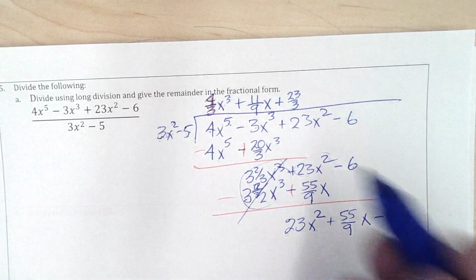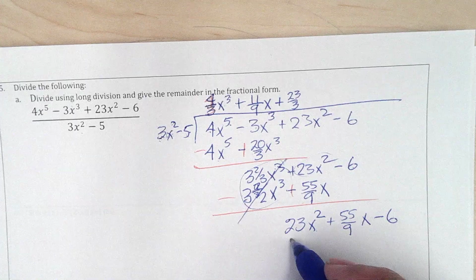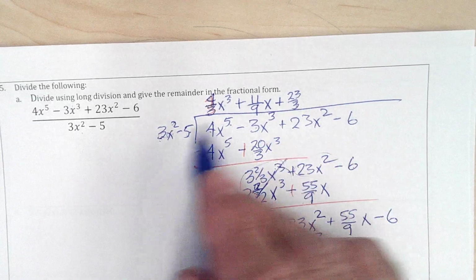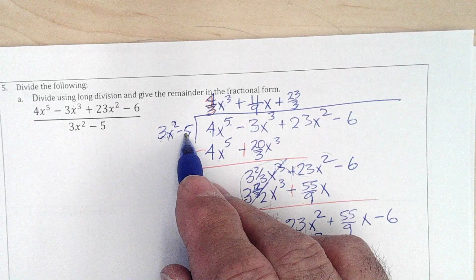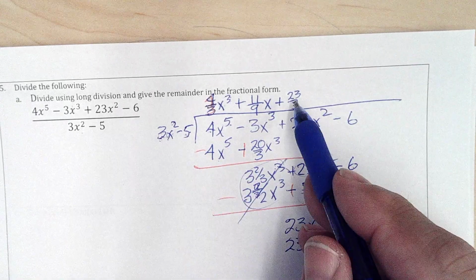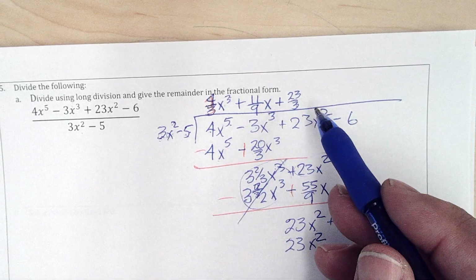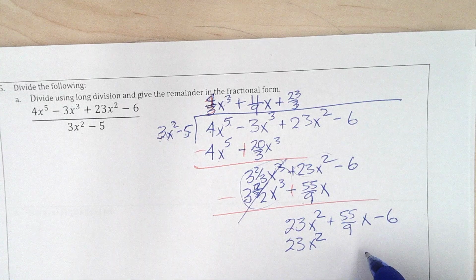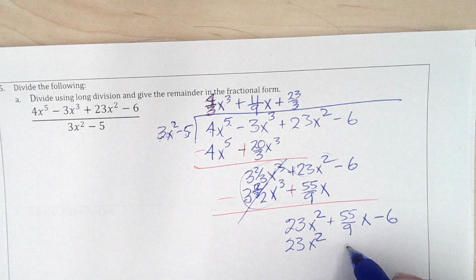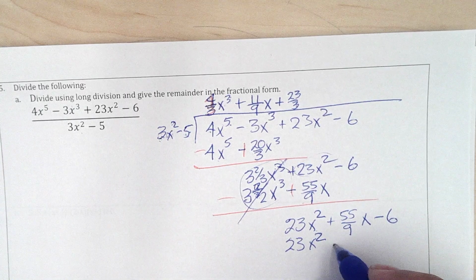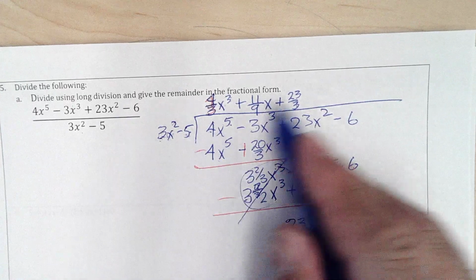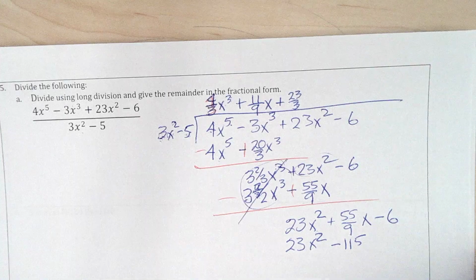And I don't need any x's, so 23 times that is 23x squared. 23 thirds times 5 is 115, I believe, minus 115. And there's no x's, so that's it.